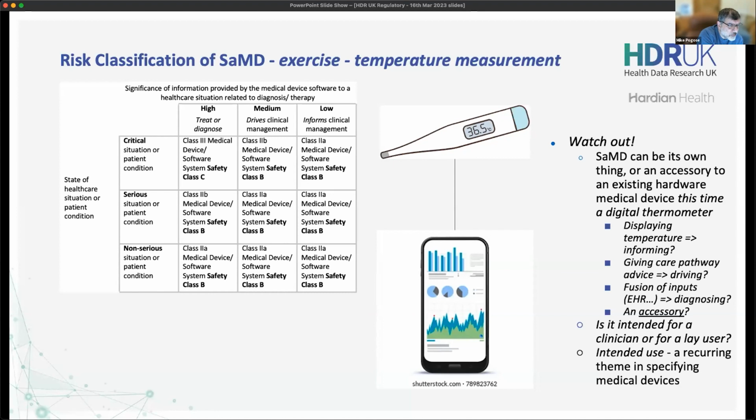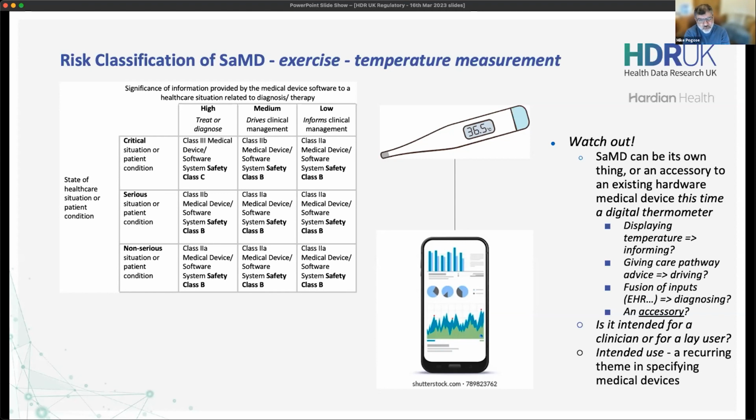Yeah, so let's have a bit of history. The UK medical device regulation, the UK MDR, is based on the EU medical device directive that went out of use in 2021. The EU medical device directive was written 30 something years ago, where SAMD was not a thing. In fact, it was only in the 5th Amendment to that, which is in the 2000s, that they really started to talk about software as medical device.